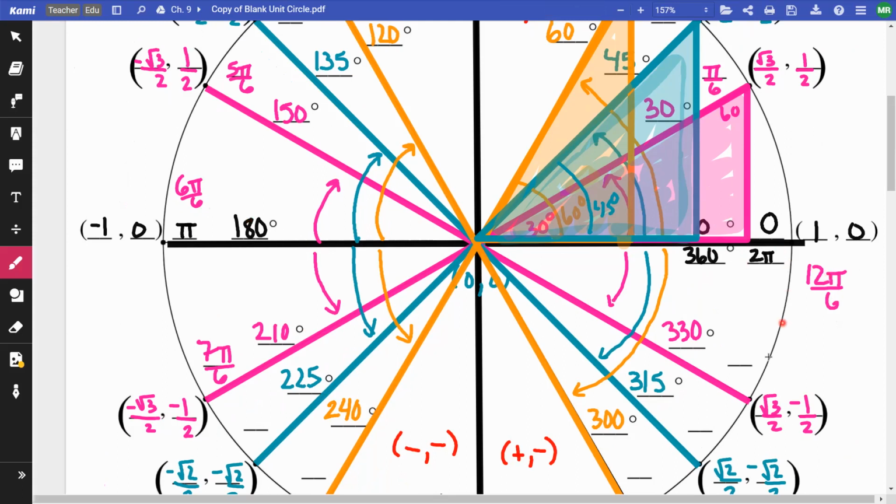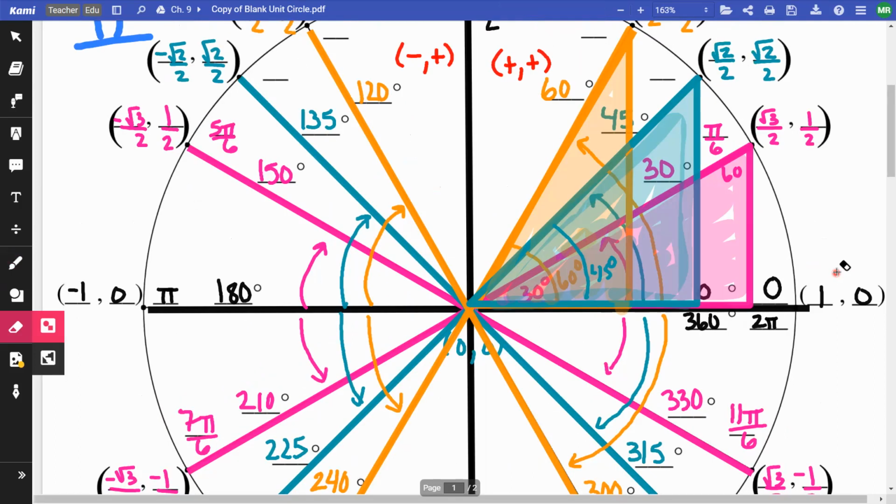So if I'm a pi over 6 short, this is going to be 11 pi over 6. Now, I'm going to erase my 6 pi over 6 and my 12 pi over 6, because really that's just a pi and a 2 pi. I'm just trying to write it to help me.